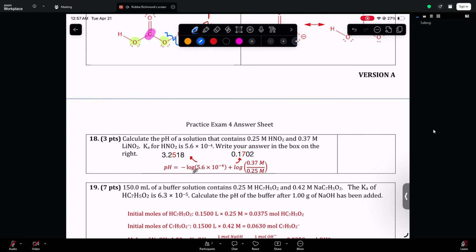So the values that were given right here are given in the form that we need. We'll get negative log of 4 times 10 to the -4, which is our pKa, plus the log of our conjugate over the acid. When you're doing the actual calculation, I want to remind you of the sig fig rules of logarithms.